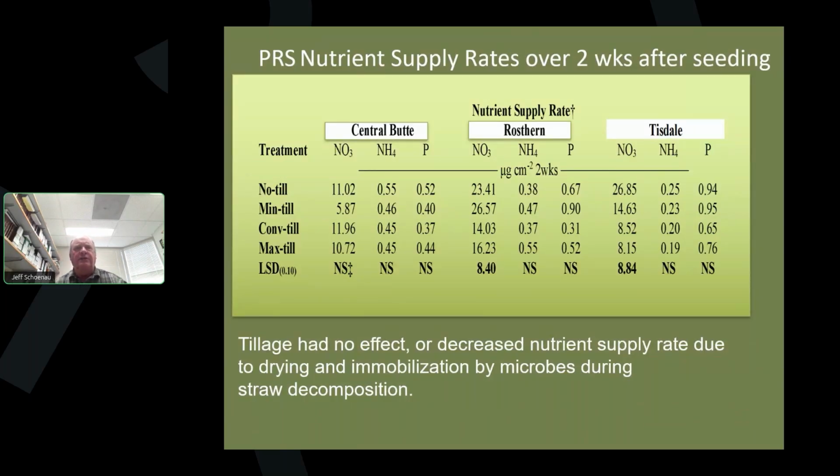We also looked at the supply rates, the release rates of available nutrients over the 2 weeks after the seeding using the PRS, Plant Root Simulator probes, as a dynamic measure of nutrient supply and release. And we did see some differences there.